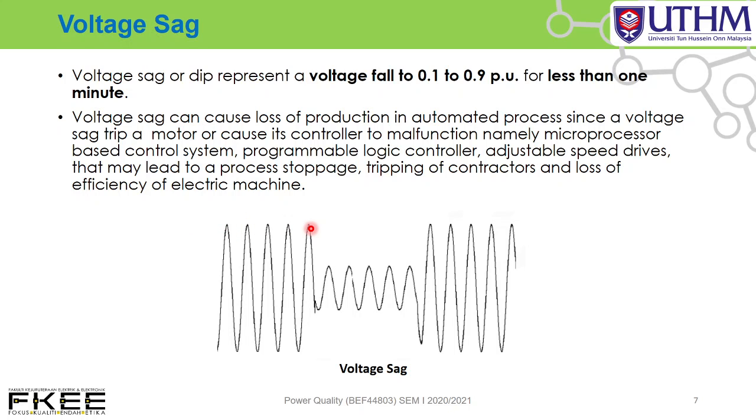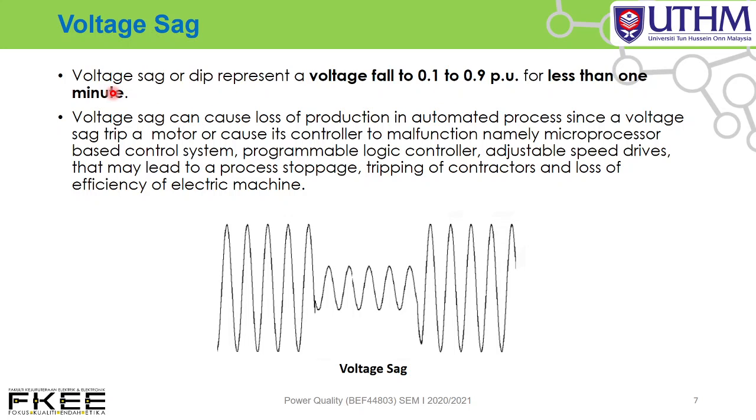Voltage sag or dip basically represents a voltage fall, a fall to 0.1 to 0.9 per unit. For example, let's say the voltage falls to 0.5 per unit for less than 1 minute. If it is less than 1 minute, that one we call a voltage sag.